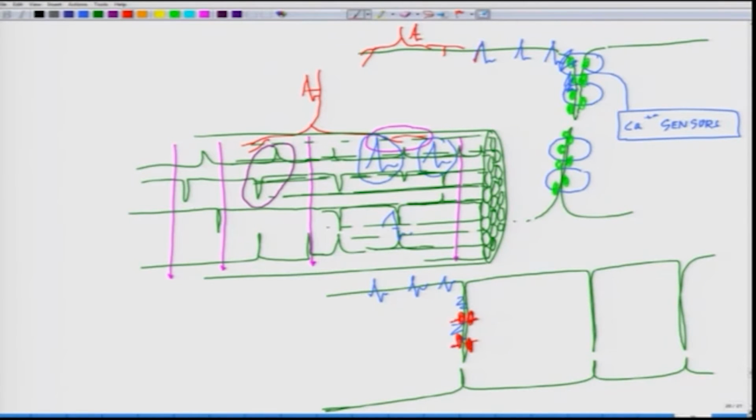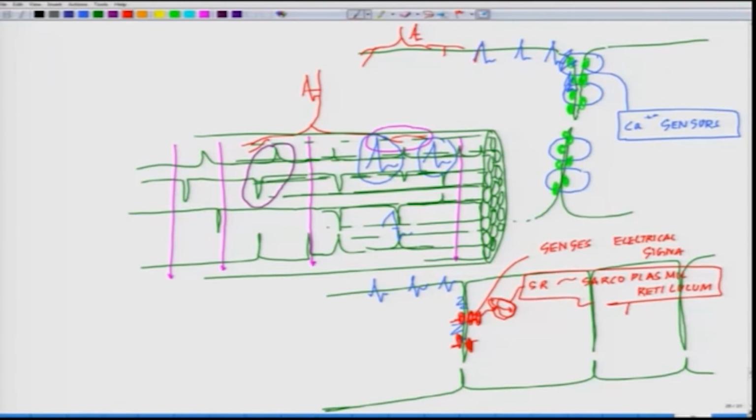So, what happens? These receptors sense the electrical signal, and part of this dihydropyridine and ryanodine, which is still not very clear, is attached to an organelle within these called SR or sarcoplasmic reticulum.